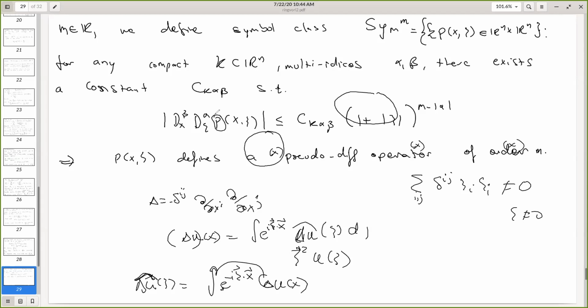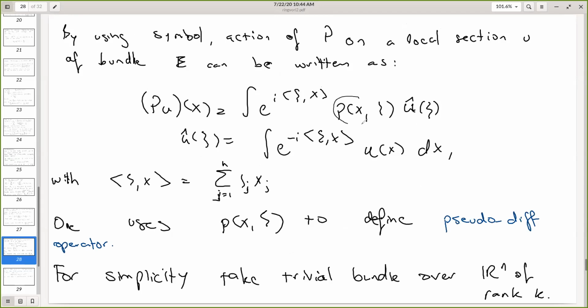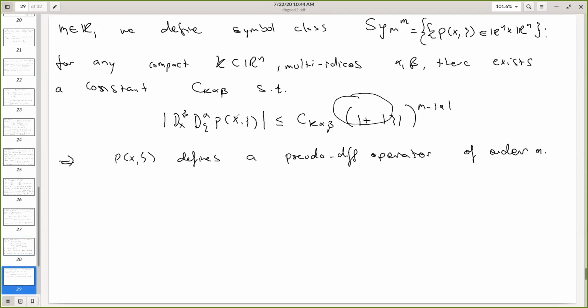So now we get the p. And basically the p tells me, if I can prove that for this representation of the differential operator, this function p decays in such a way that if I apply the derivative with respect to x and the derivative with respect to xi on p of x xi, it is bounded by C alpha beta times the mean value of xi to the power of m minus alpha, where alpha and beta are multi-indices.